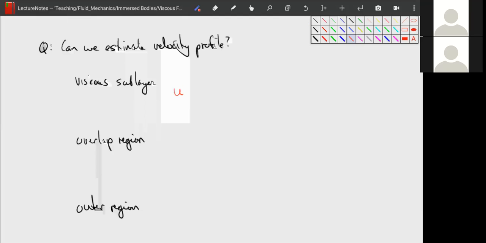So we can say that the average velocity divided by U star is equal to y times U star divided by nu, where U star is equal to tau W, tau at the wall, divided by rho, to the 1/2.